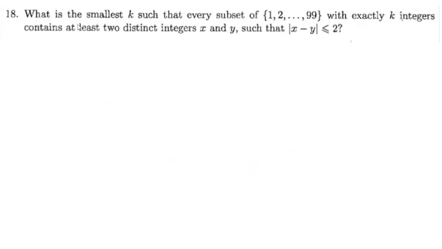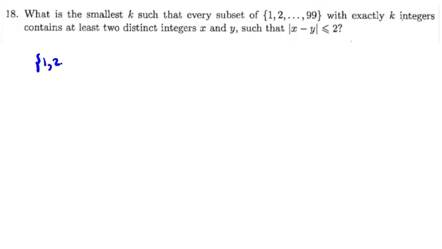Problem number 18. What's the smallest k such that every subset of 1 to 99 with exactly k integers contains at least 2 distinct integers x and y such that the absolute value of x minus y is less than or equal to 2? For solving this, we use one of the most useful ideas, the pigeonhole principle.